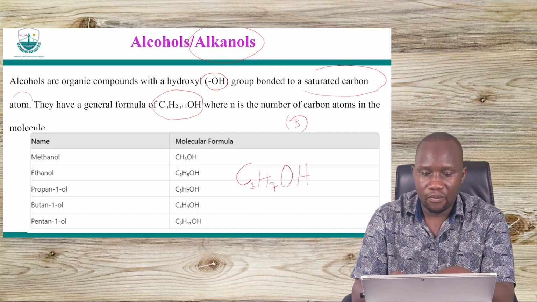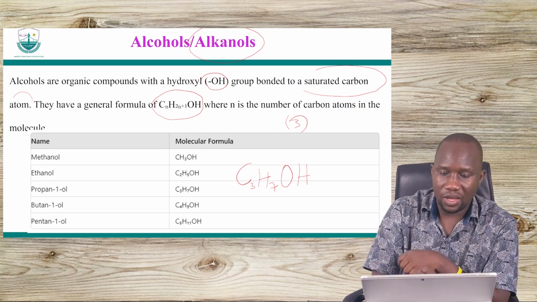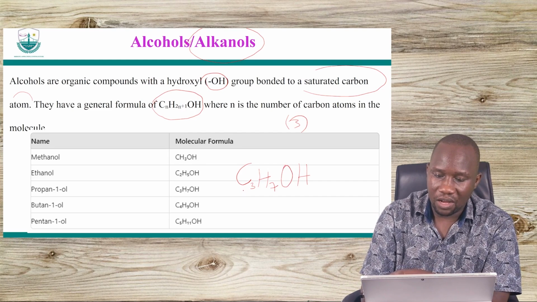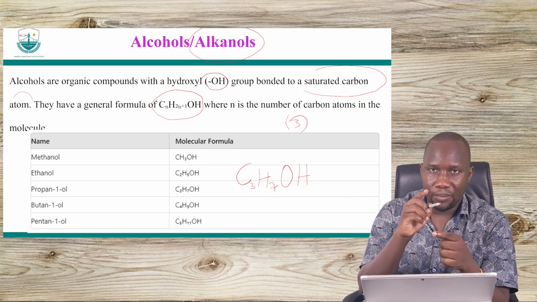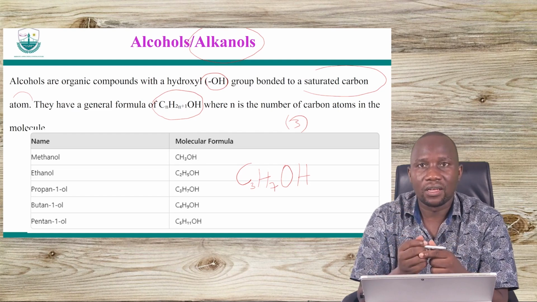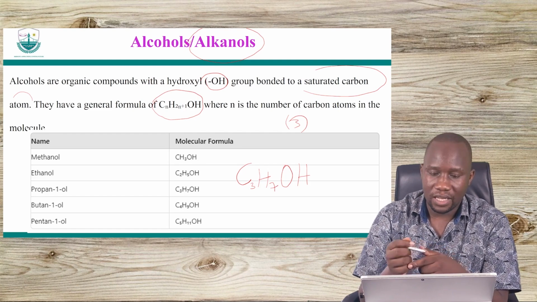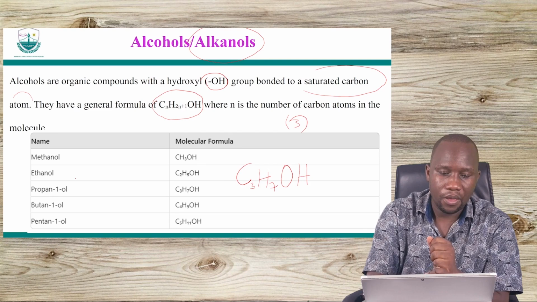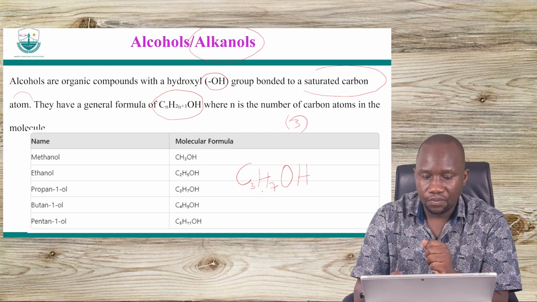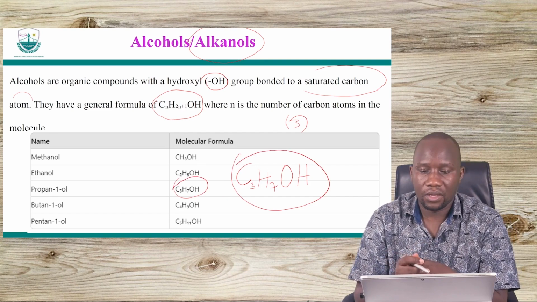So do we have propanol? Yes, we have propanol. Remember, if we have 3 carbon atoms, then that is prop, propene, propane, things like that. So this is propanol here.